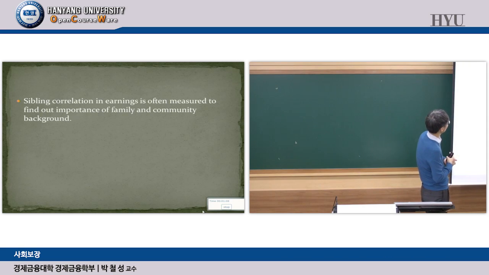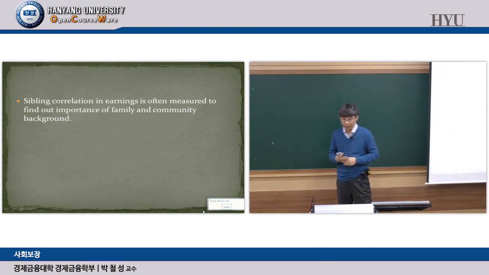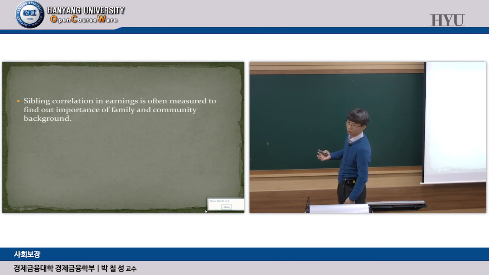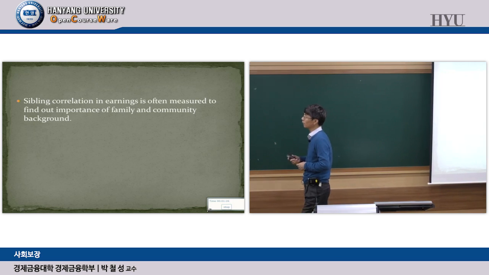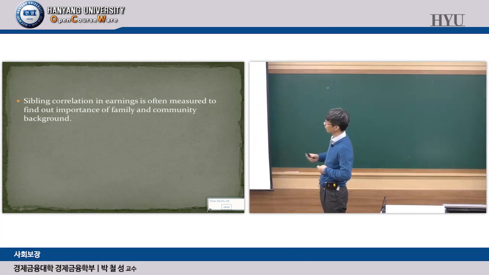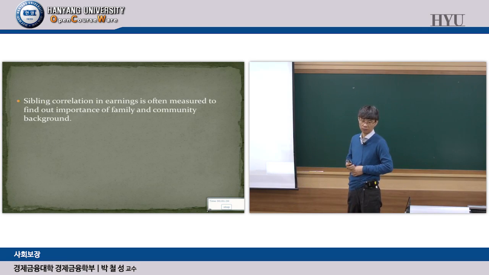A lot of times they use only men, because women quite often are not wage earners. But anyway, sibling correlation is interesting because it can give us information about the importance of family and community background.